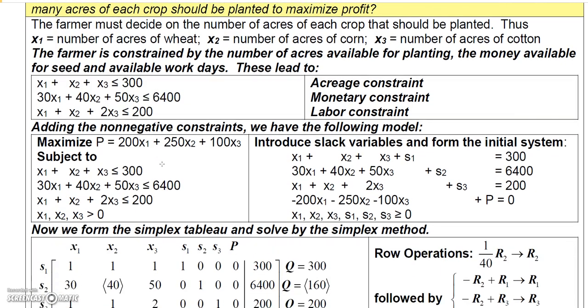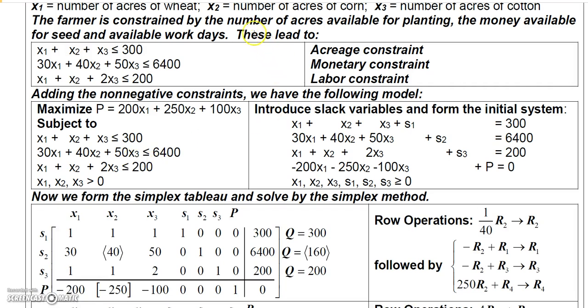So now, if I asked you to set this problem up, then basically all you would give me would be the linear programming model right here, where you state whether you're maximizing or minimizing. In this case, we're maximizing the profit.